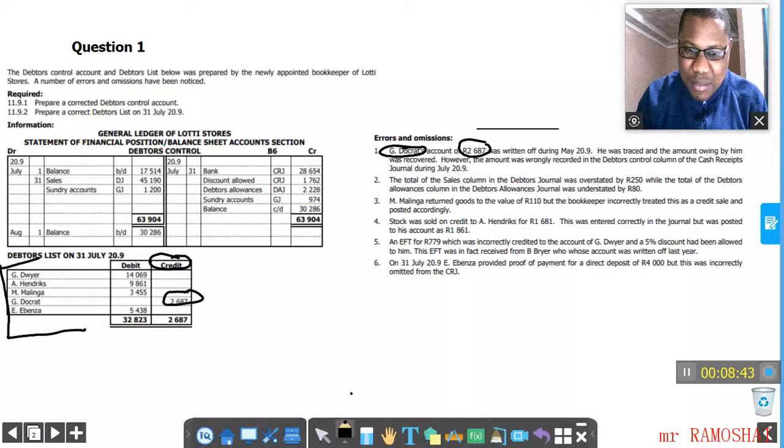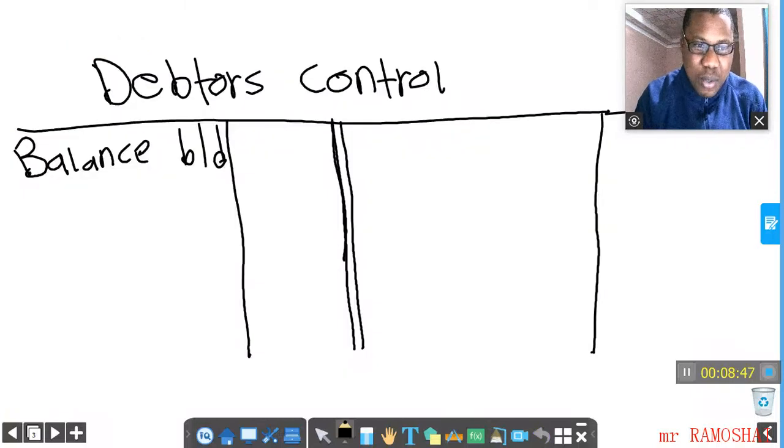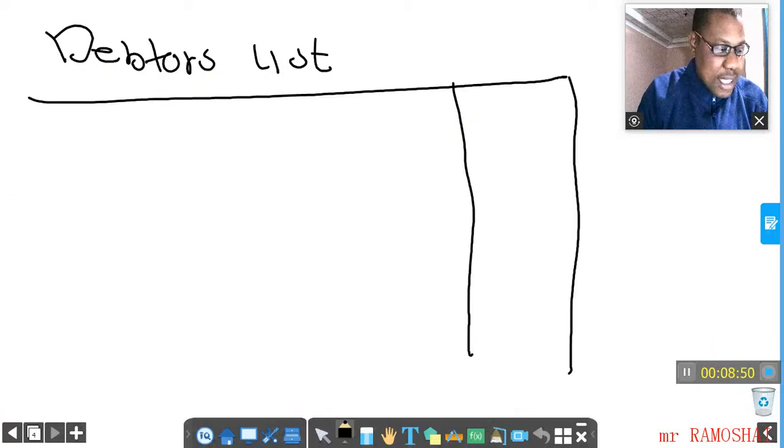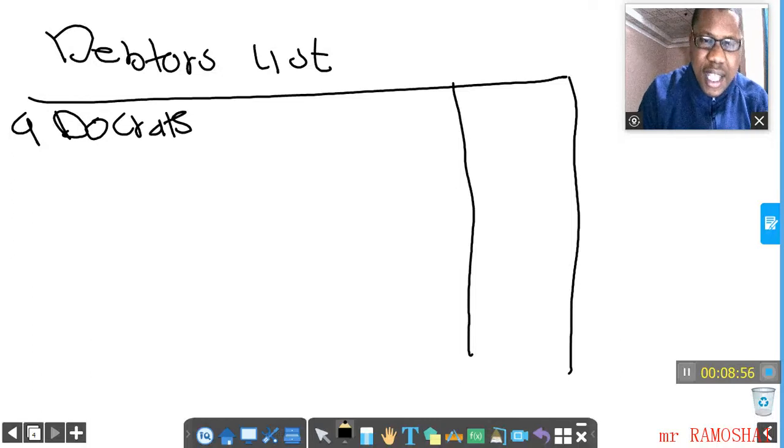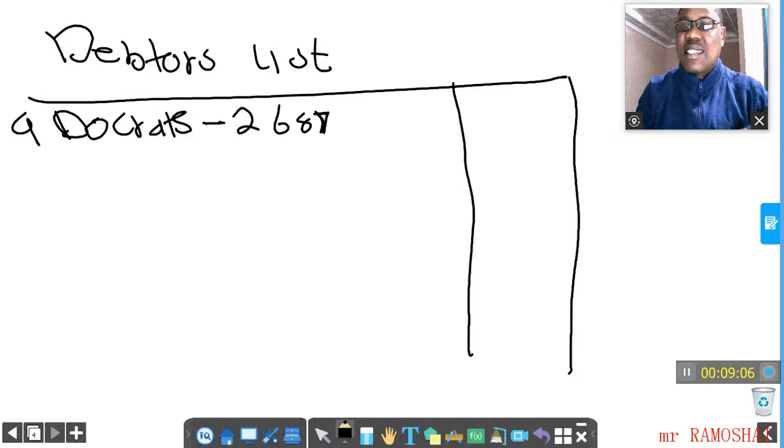So when we write him off, look at what we are going to do. We're going to come to our, who is this person? It's G. His amount was negative, negative 2,687, right? So his amount is recovered.